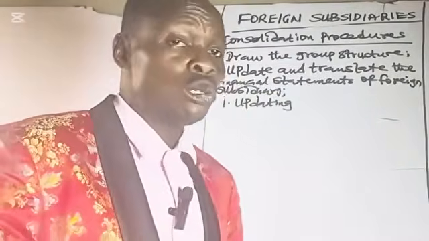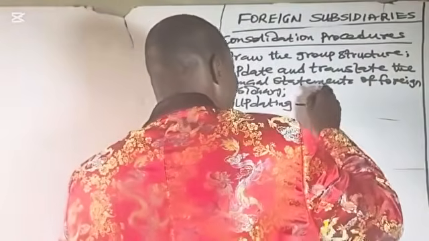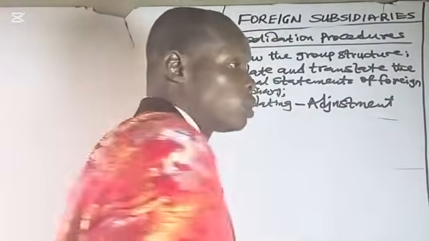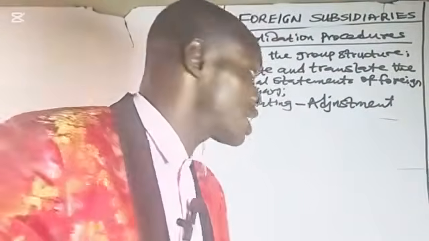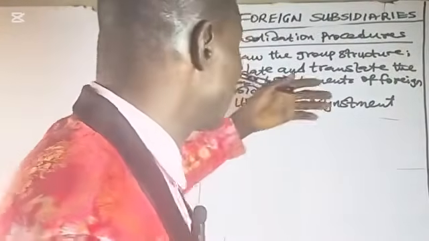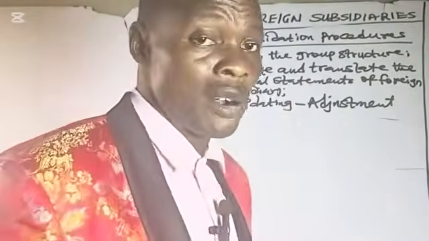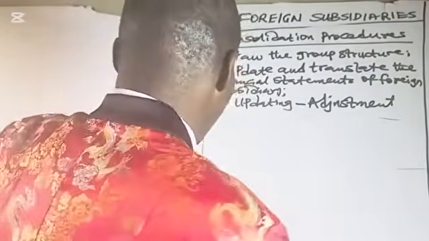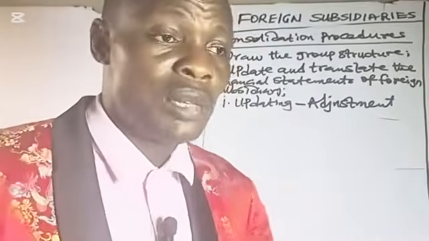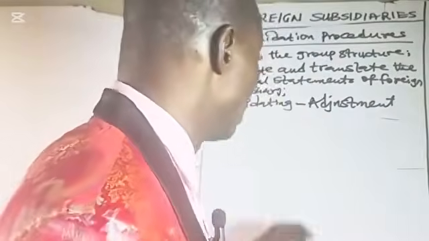Updating means to carry out the necessary adjustments in the functional currency of the entity. Every adjustment needed, you do them in the financial statements of the foreign subsidiaries. So you don't consolidate yet, you carry out the necessary adjustment. Maybe you have fair value gains, which have not been recorded.